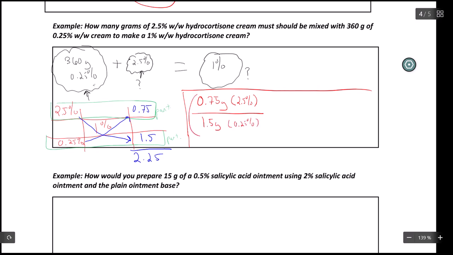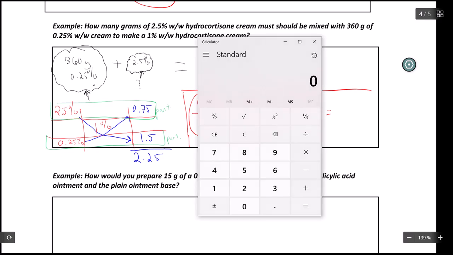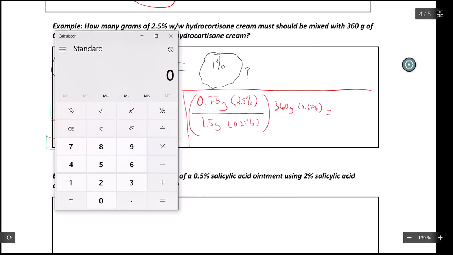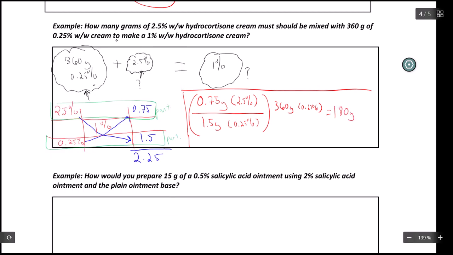If I have 360 grams of that 0.25% strength, that'll tell me how many grams I need of the 2.5. So 0.75 divided by 1.5 times 360 is equal to 180. This is of the 2.5.